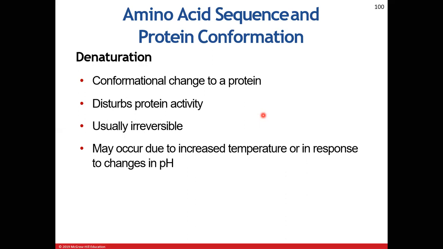And this can occur from a conformational perspective and how they are laid out and developed. When we denature or break down a protein, it disturbs the activity of the protein. Normally when we do this, it's usually irreversible. What we typically see is, for example, an increase in temperature or an increase in acidity. Both of those have the potential to damage proteins within the body.